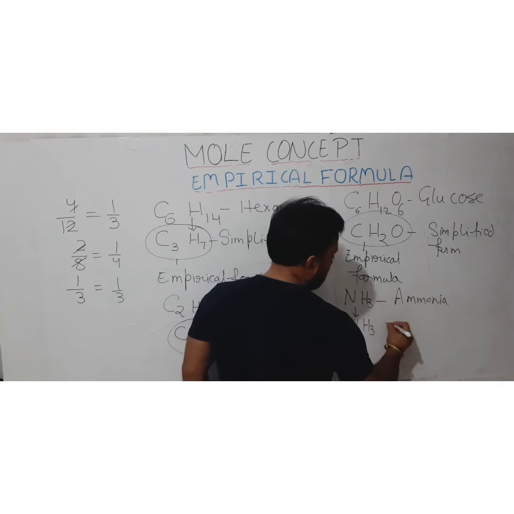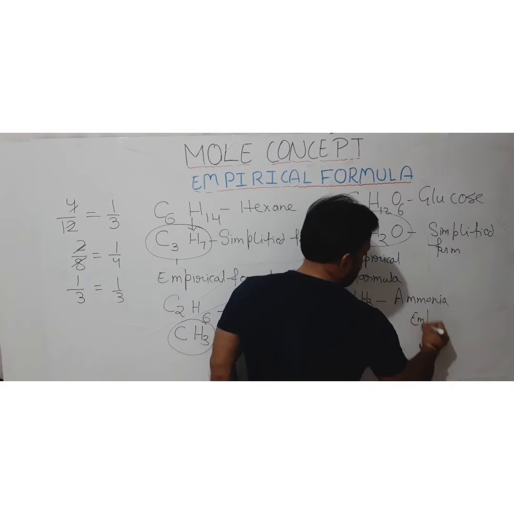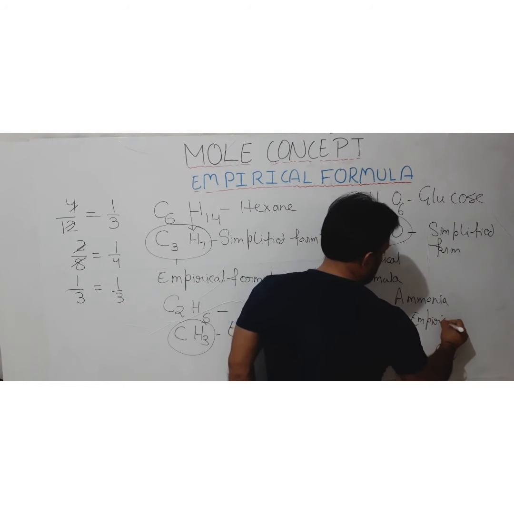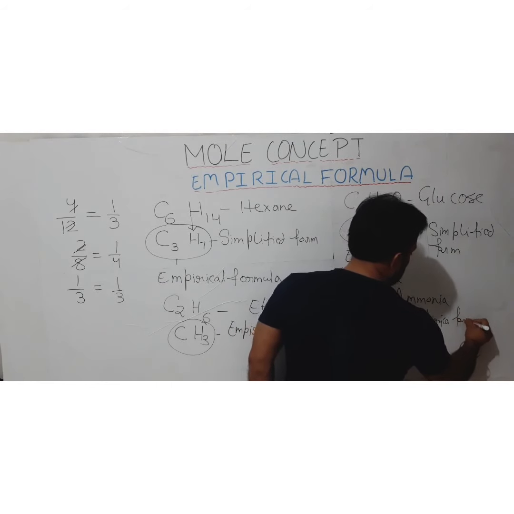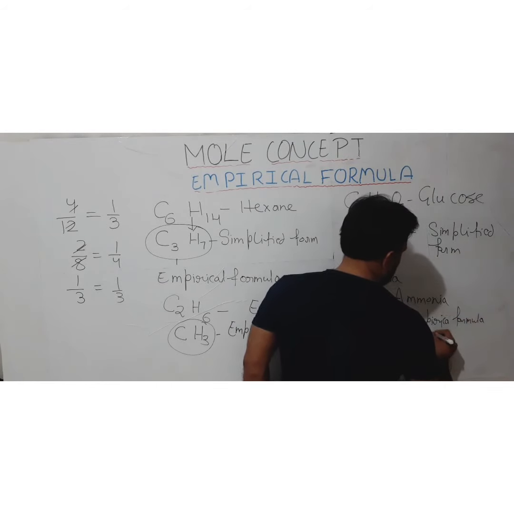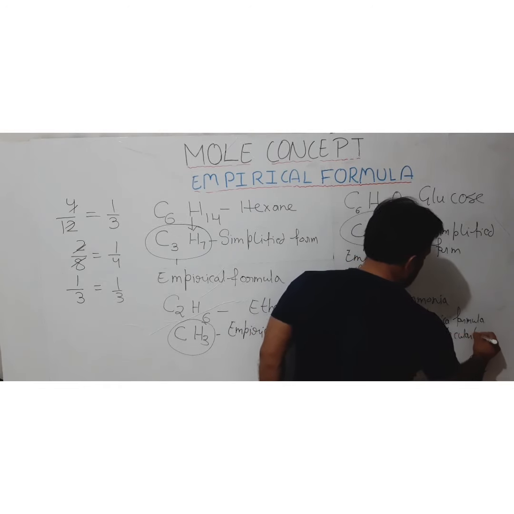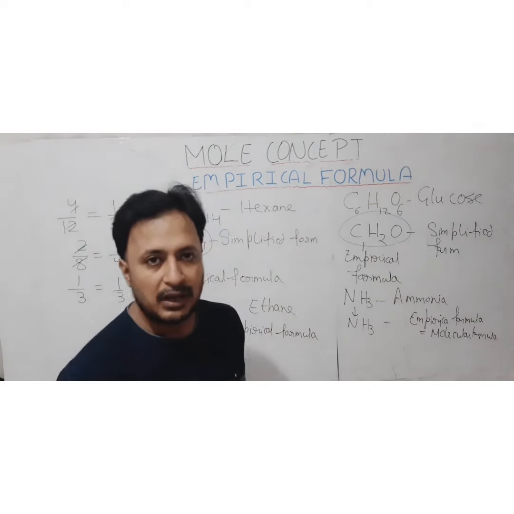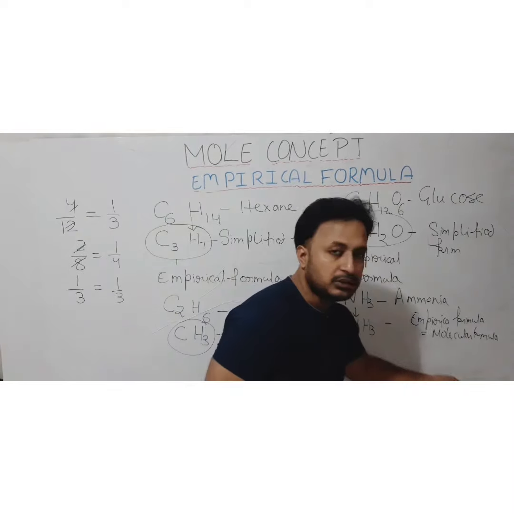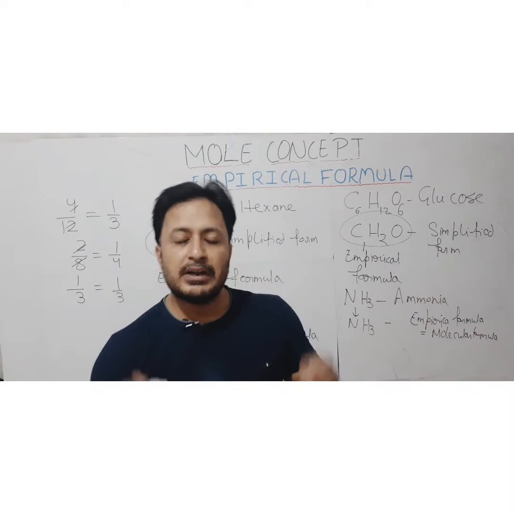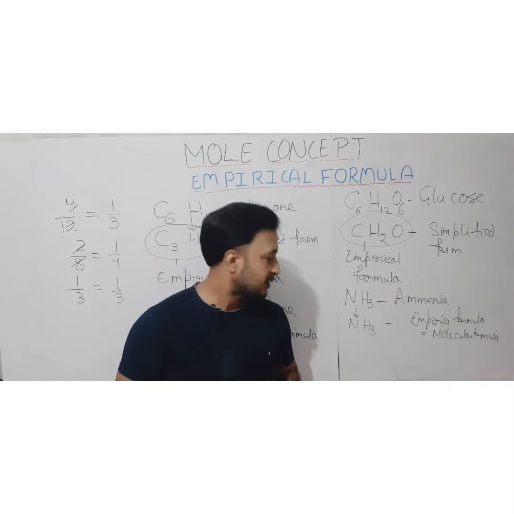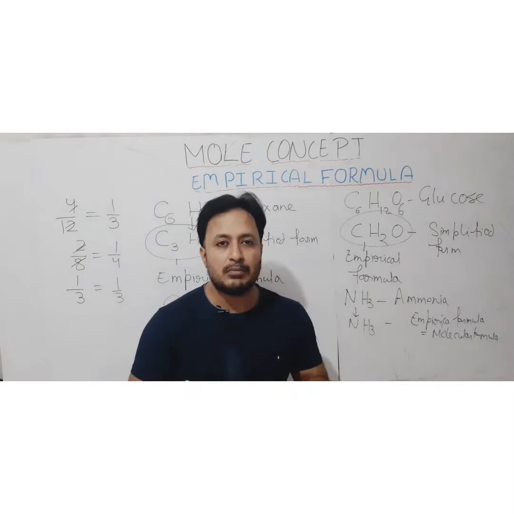So in this case the empirical formula and molecular formula are the same, equivalent to each other. So we can conclude that the empirical formula is a simplified form of the molecular formula.